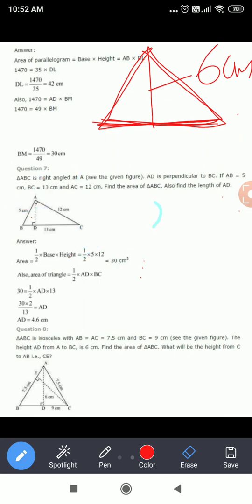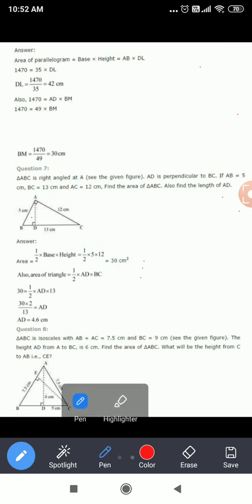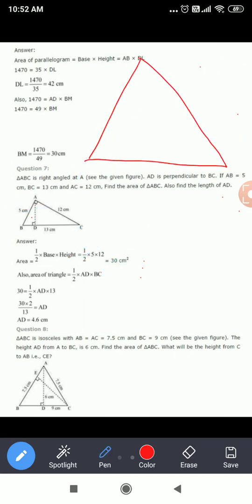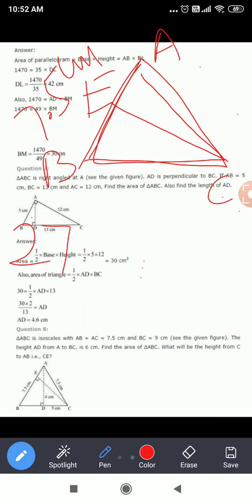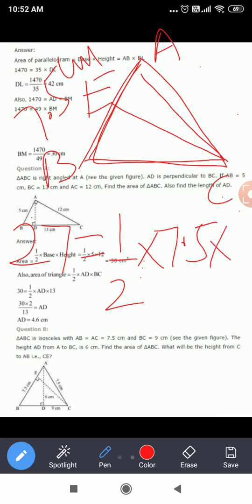Now let us not consider this height. Make the other one. The other height is CE, and it is on the side of 7.5 centimeters. So this will be considered as the base. Clear? So the area we have got is 27 for the same triangle. And half, base here is 7.5, and the height we have to find, that is CE.